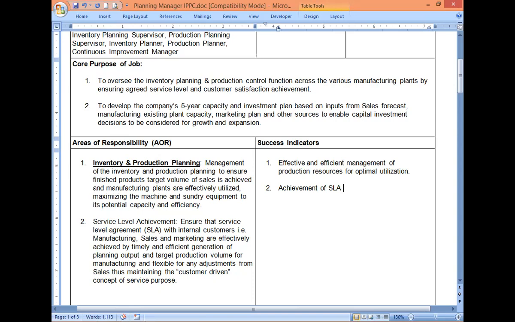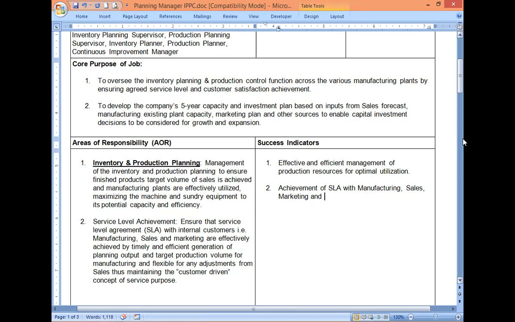So achievement of PCLA with manufacturing, sales also, and I already included the marketing right before, so I have to include marketing and others.